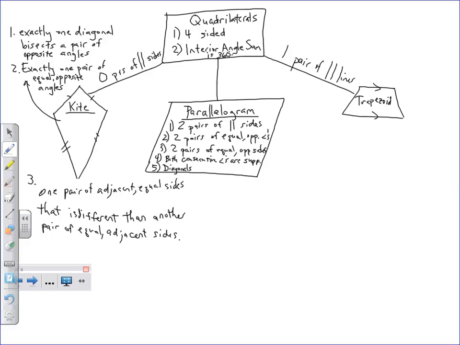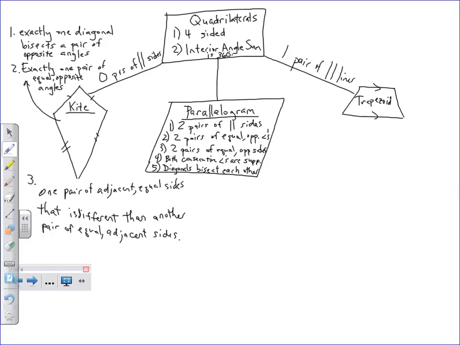All five of these are true for any parallelogram. So these five characteristics will apply to every single shape that is underneath the parallelogram as well.